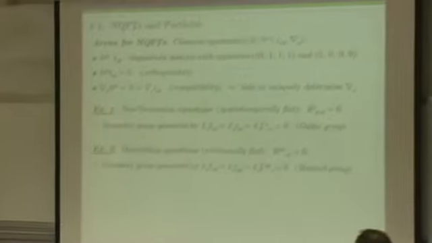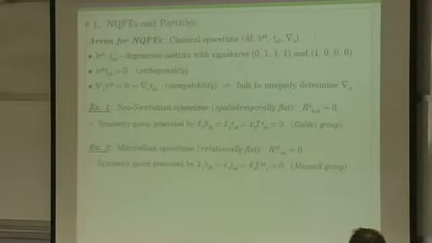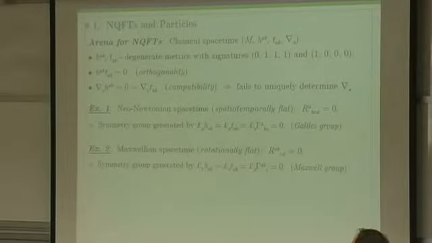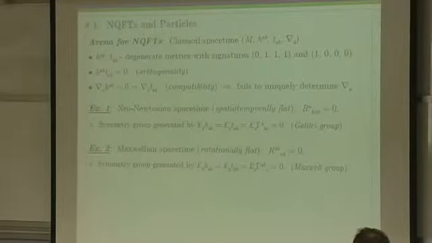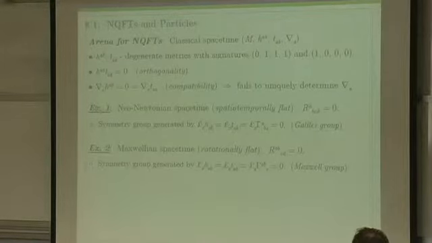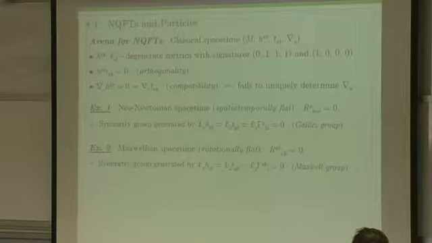Another example of a classical spacetime is Maxwellian spacetime, characterized by the vanishing of the rotational part of the curvature tensor. And its symmetry group is given by the Maxwell group, which is generated by vector fields that annihilate the spatial and temporal metrics and the rotational part of the connection.